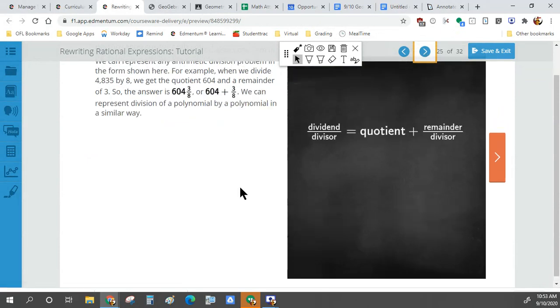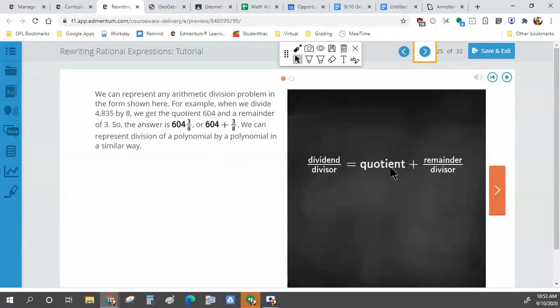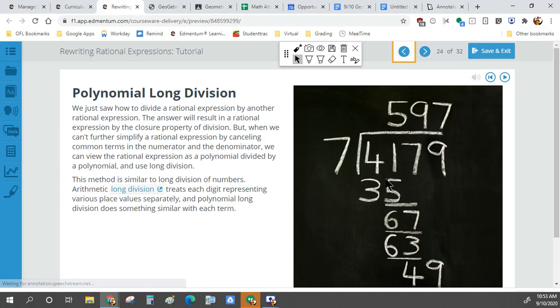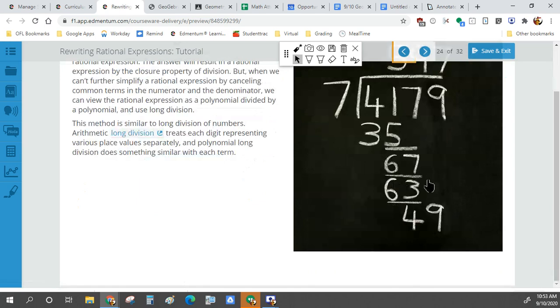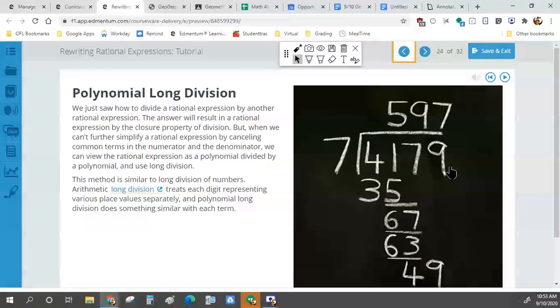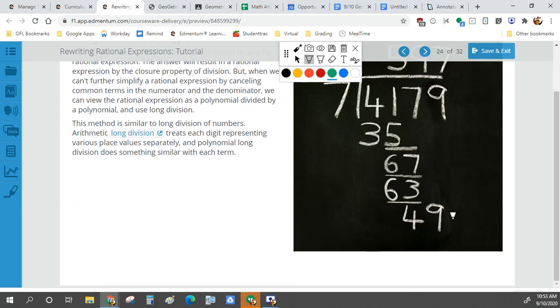But if you have a remainder, you can just write it as a mixed number by taking your remainder and putting it over whatever you were dividing by. So for this one, it would turn into your remainder, which was 49 over 7. Oh, actually, this was not a remainder. They just forgot to finish it.